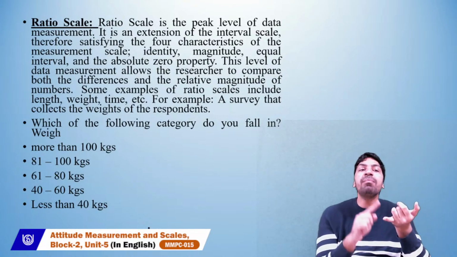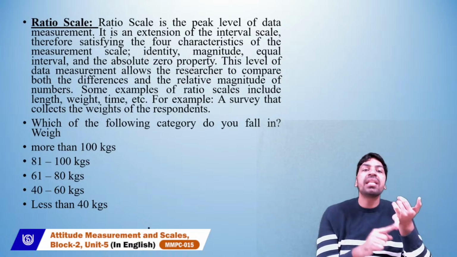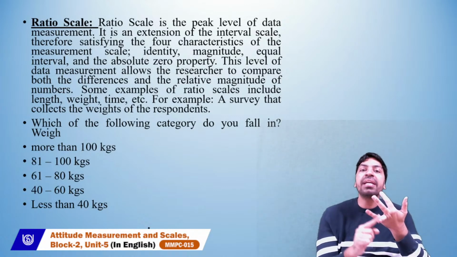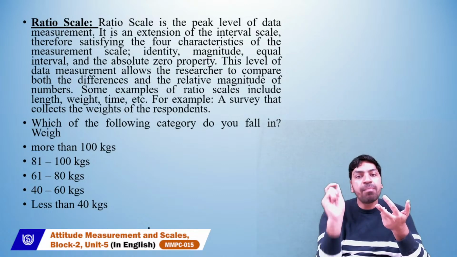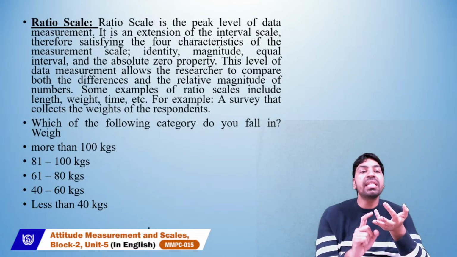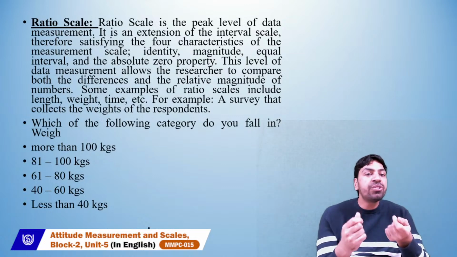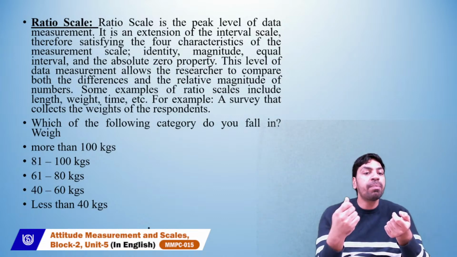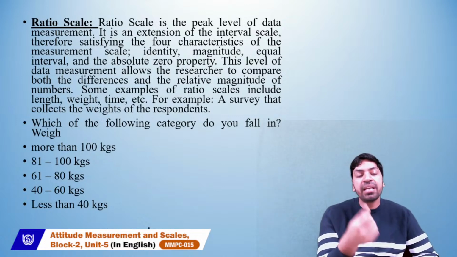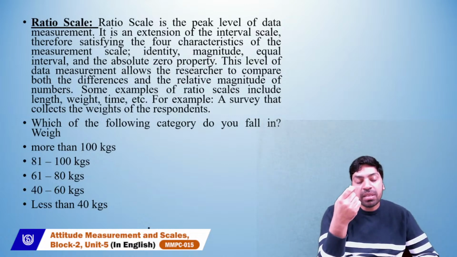Here we are measuring the identity, that is weight, and magnitude, how far and less the numbers occur, then equal intervals. If you look at the equal intervals, the gap of 20 is an equal interval. And absolute zero property: if you look at the options, the ending of the numbers is zero.